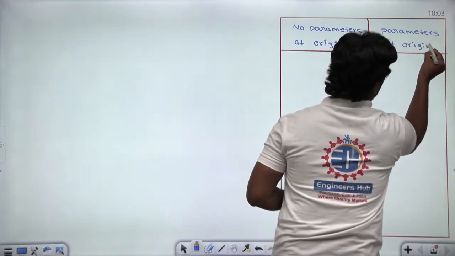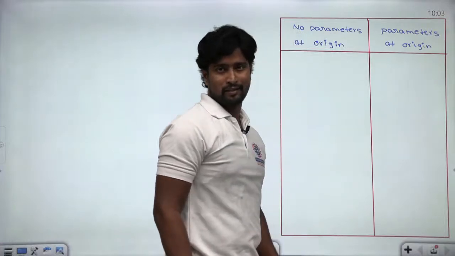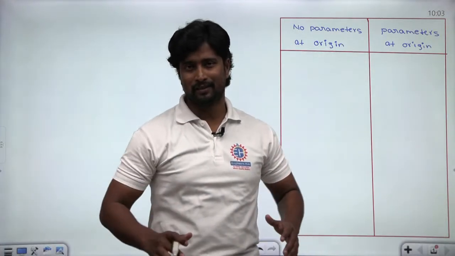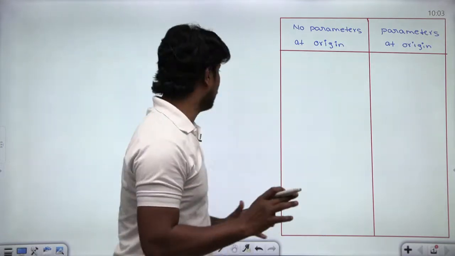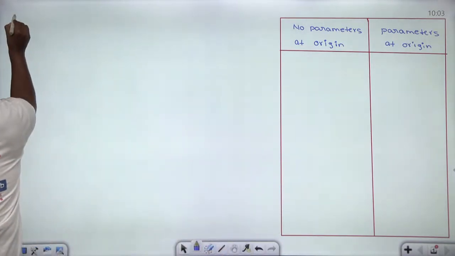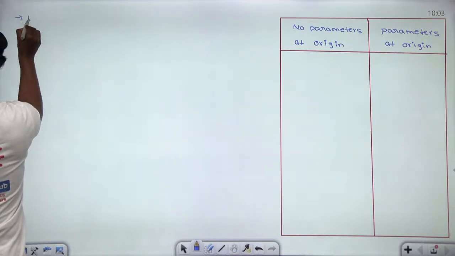I hope you know well what parameters mean. In our whole control system analysis, system parameters mean either poles or zeros. Guys, listen carefully.